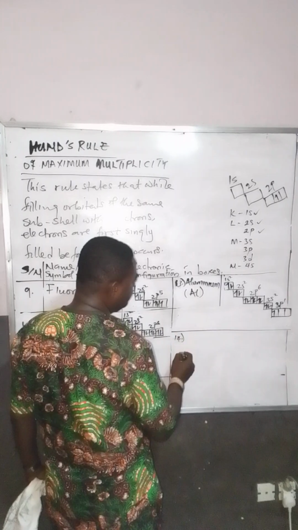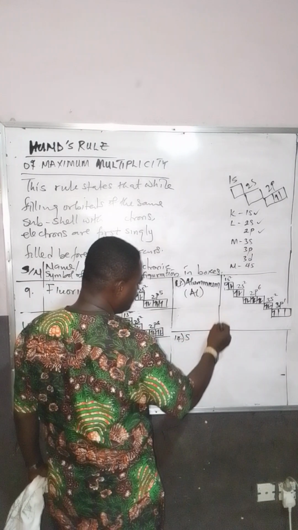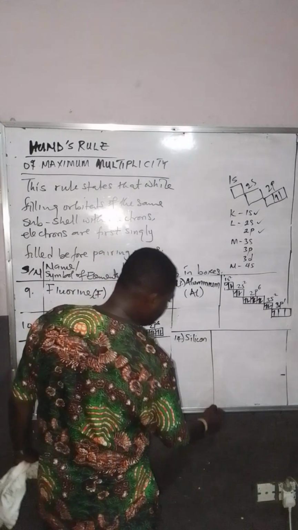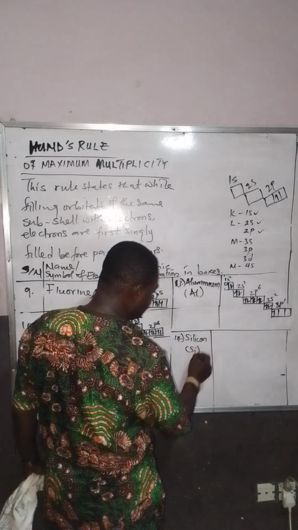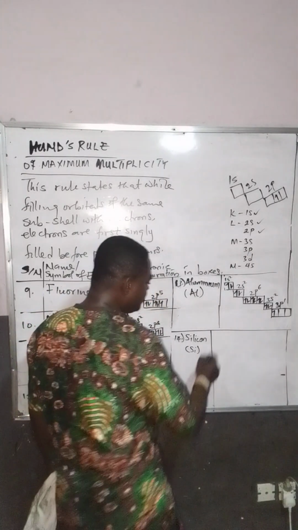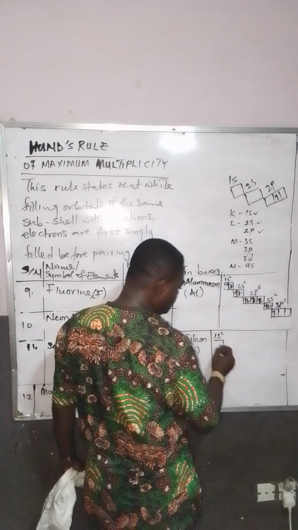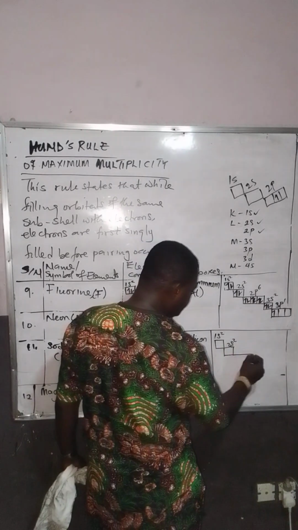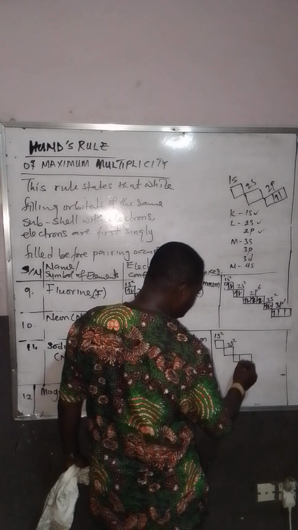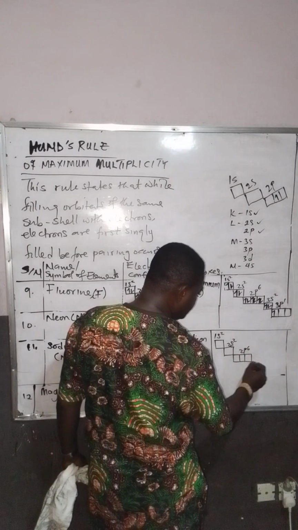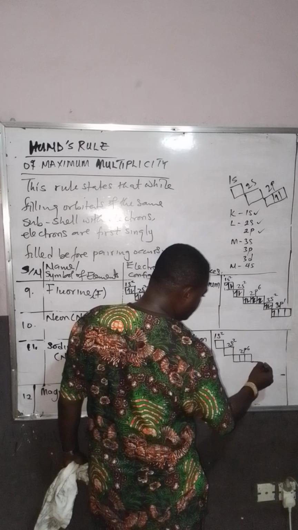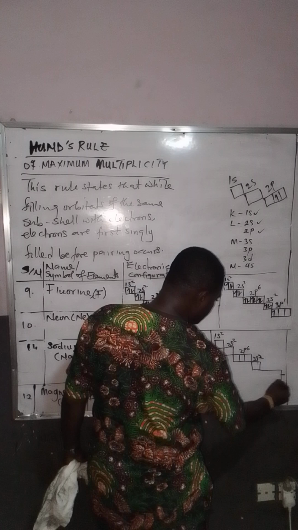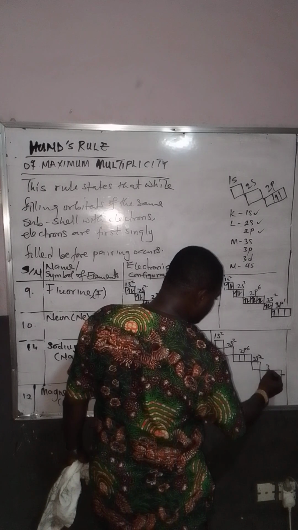Next one is number 14, silicon, Si. Silicon is 1s2, 2s2, 2p6, 3s2, 3p2.